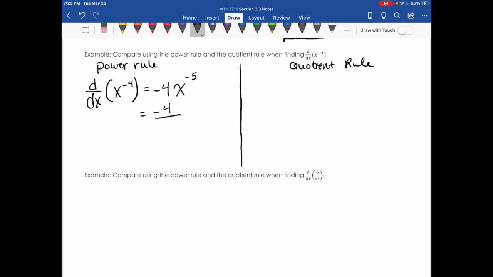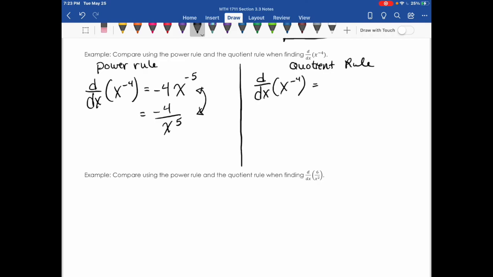I can also write this, because I remember way back in a college algebra class that if I have a negative exponent, I can take the reciprocal to make that exponent positive. So I can rewrite this as negative 4 over x to the 5th. Either one of these is good. They're both the answer.